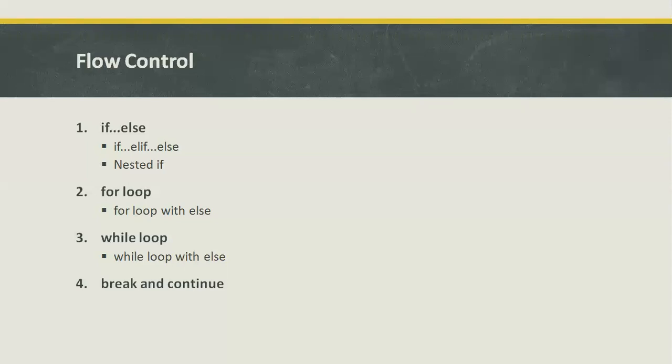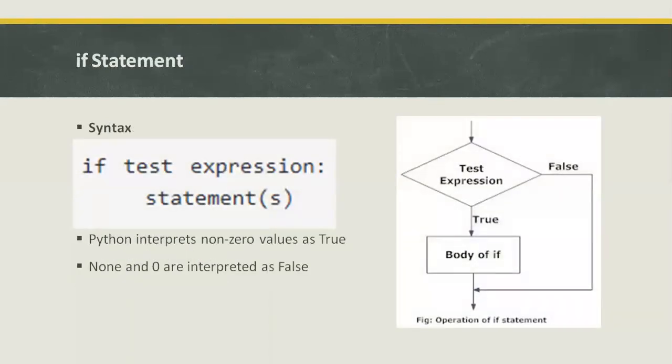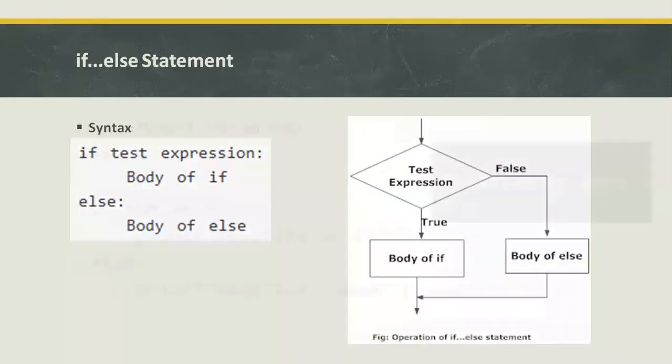All the flow controls, like if else, the for loop, while loop, break and continue, you have seen in first year C programming. Similarly, we saw the if expression, how we can use if in our program, and what its use is. We discussed if else in the last lecture.